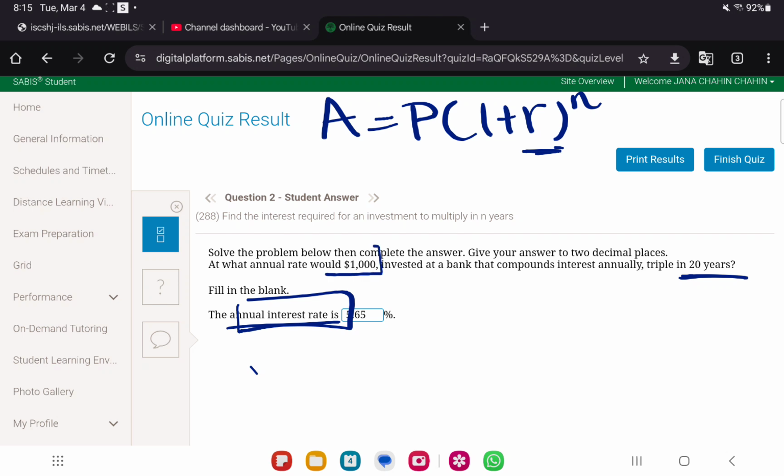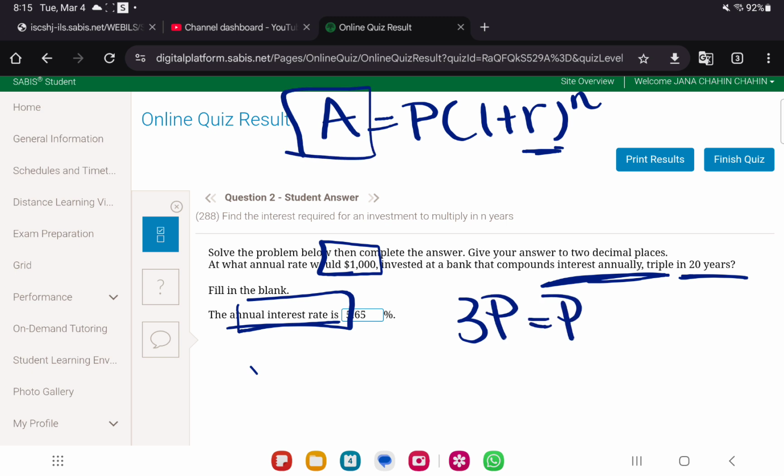This is how much they invested, but it's not the principal. They're telling you the investment triples, so A is 3P, which equals P(1 plus R) to the power of 20.